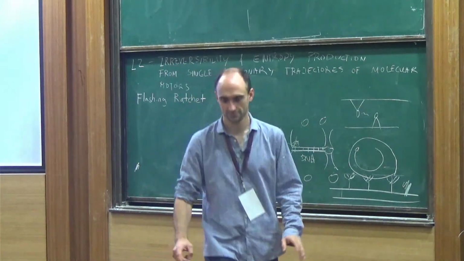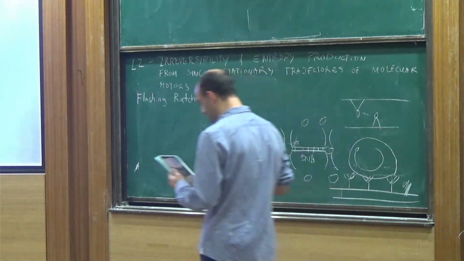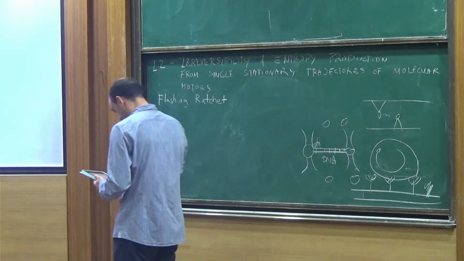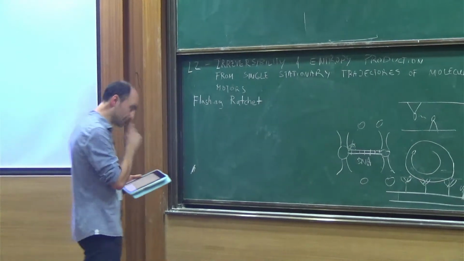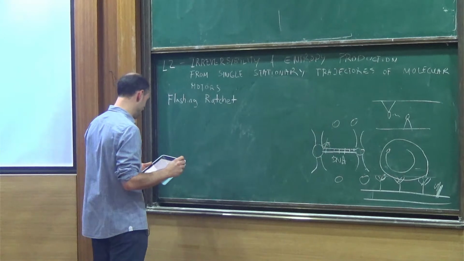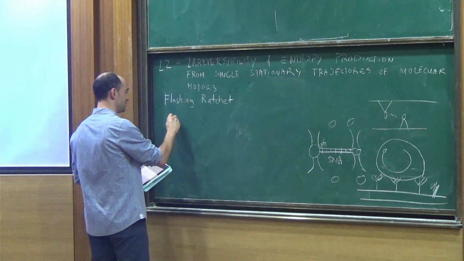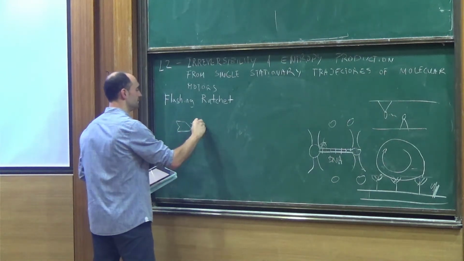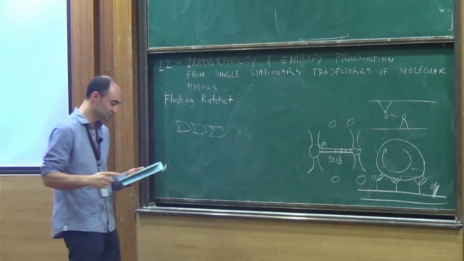Okay, good. Let me try to continue, because I just wanted to explain, very briefly, the flashing ratchet mechanism. So, the flashing ratchet mechanism is the following. Think, as Amitabh was explaining before, of the following model in which you have a polar filament. The motor is moving, and the motor has 2 configurations.